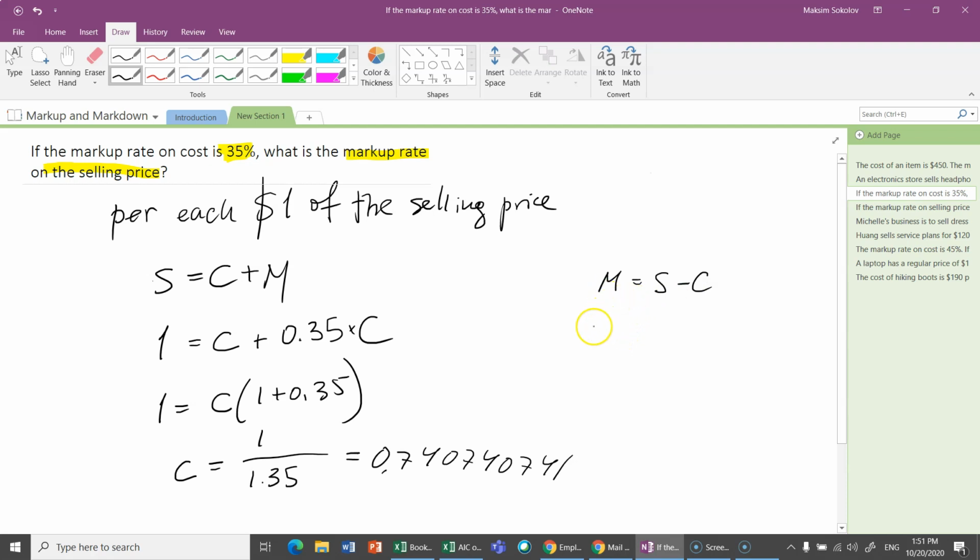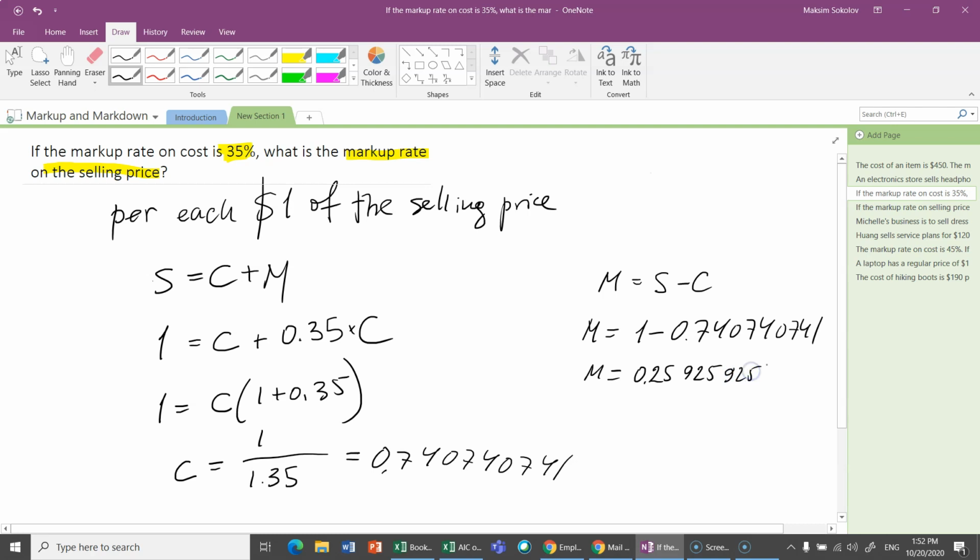And we can find markup from here. Selling price is $1 minus this cost, minus 0.740740741. Markup is 0.259259.